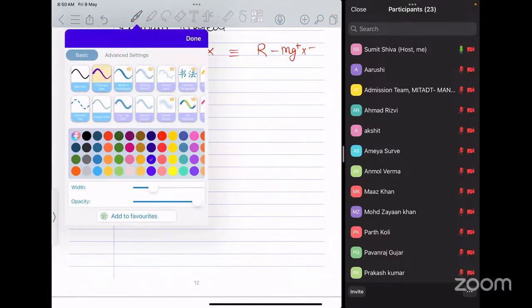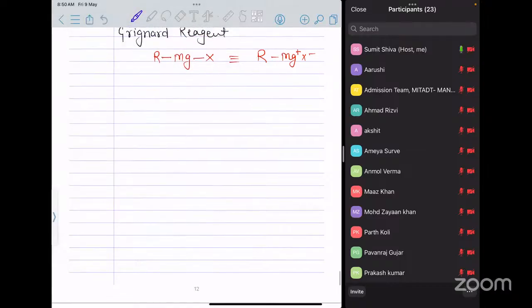The important point about this reagent is that it is the widely used reagent in organic chemistry, the maximum possible used reagent.